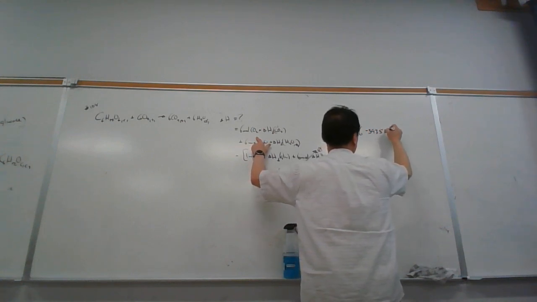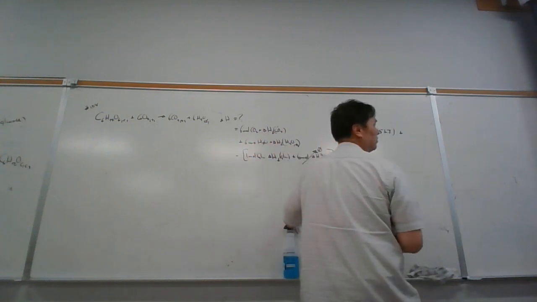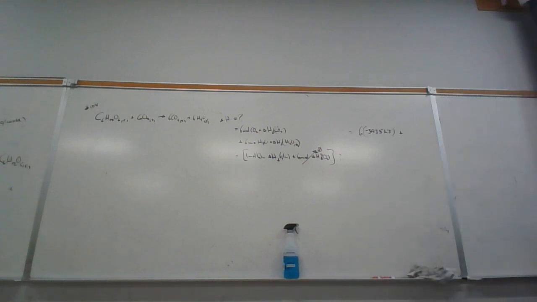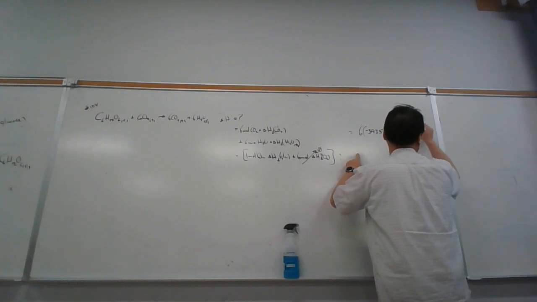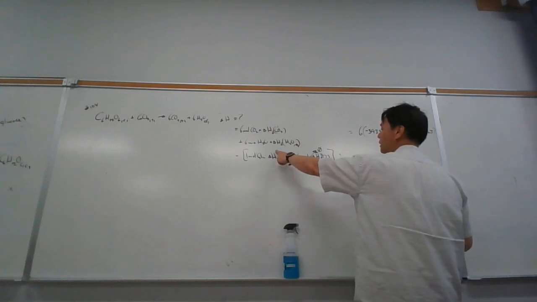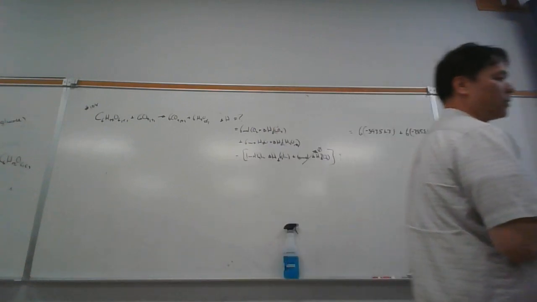The moles will cancel. Plus the delta H of formation of liquid water. H2O liquid is delta H negative 285.8. So this is going to be 6 times negative 285.8 kilojoules. This is going to be minus the delta H of formation of glucose, which was given in the problem.